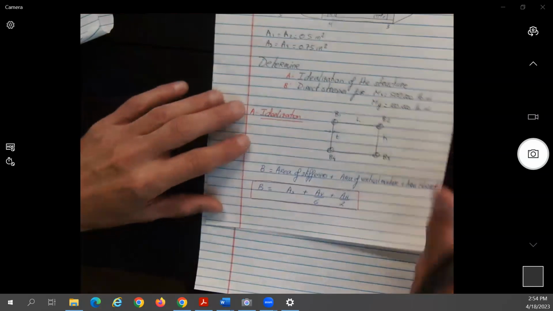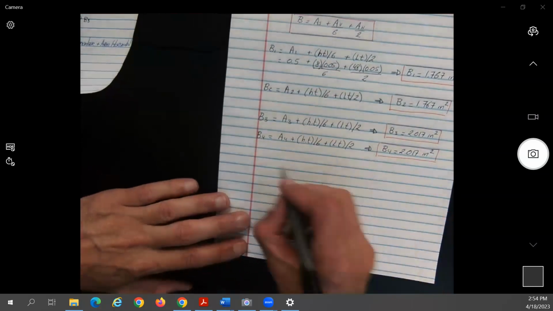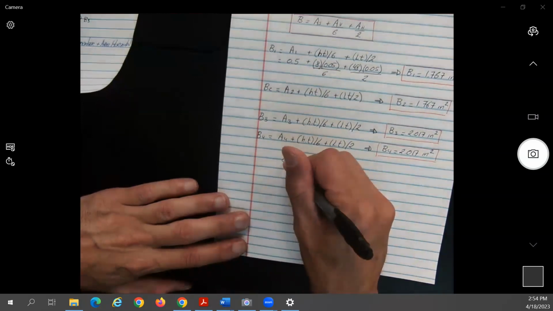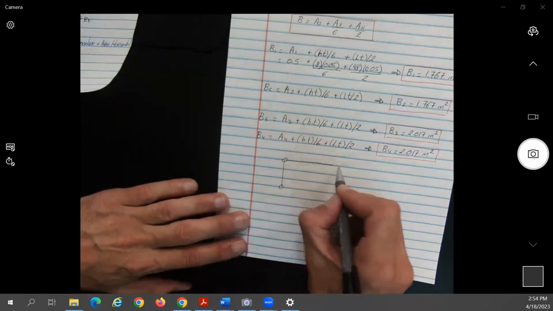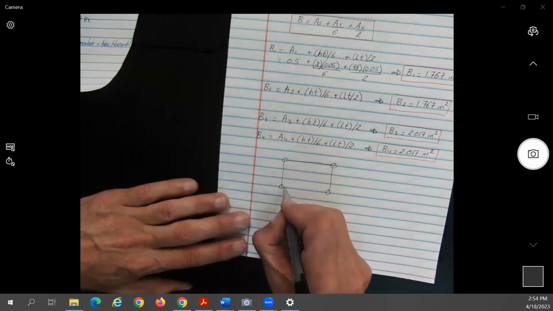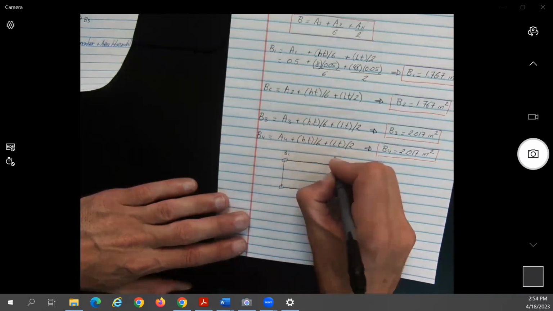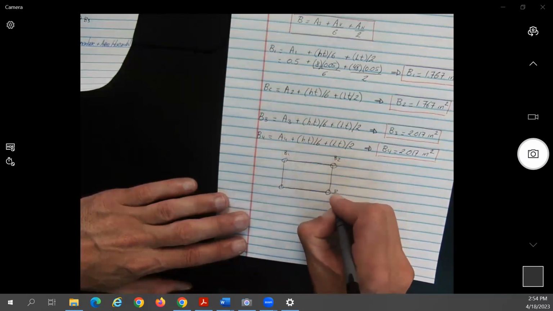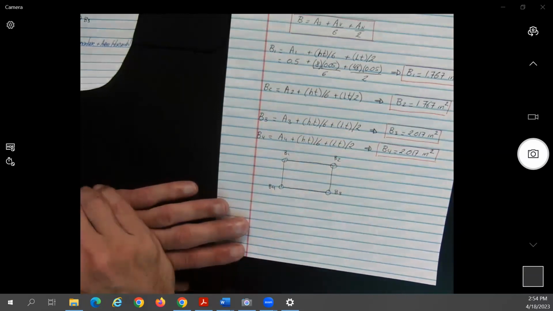Okay, so what does that mean? That now we find the idealized structure over here: B1, B2, B3, B4.